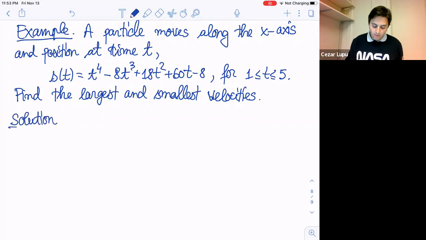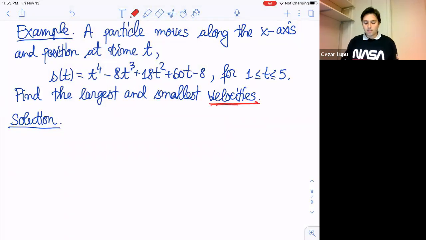When we talk about velocity, we talk about the derivative of the position function s of t.